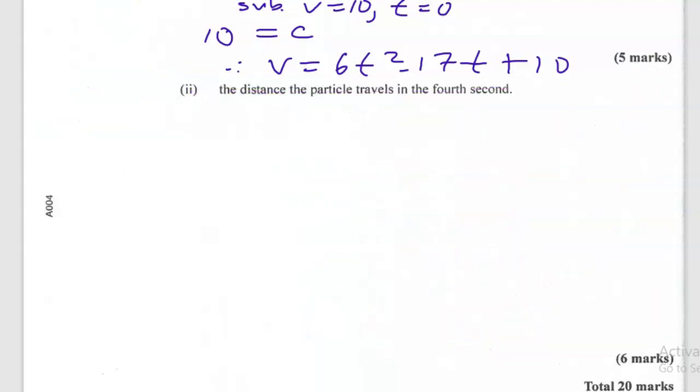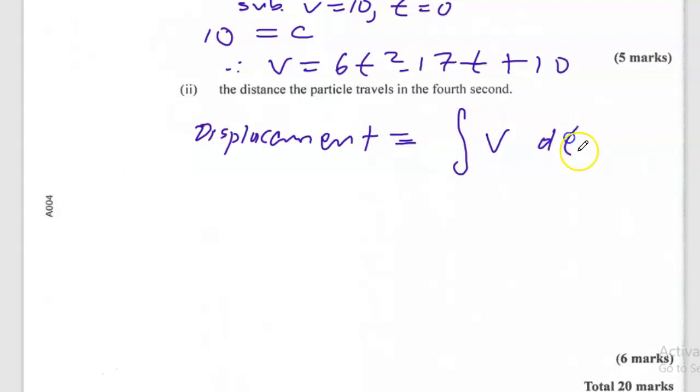Next, we also calculate the distance the particle travels in the 4th second. So to get the distance or displacement, we'll get the displacement by integrating velocity with respect to time. So we're going to integrate velocity.